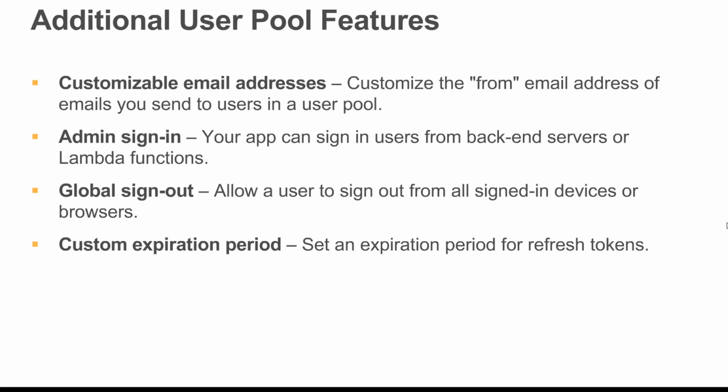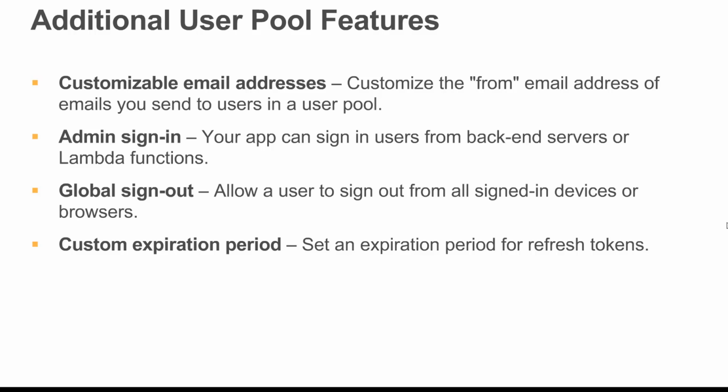A few other usable features I'll touch on very briefly. You can customize email addresses. Again, our objective here is to make everything customer-facing yours to customize. If you want to have a design where you have a layer of your own, perhaps server architecture that's in a sense proxying or in front of a user pool, we also have added an admin sign-in function that makes it easier from a back-end service to sign in a user for a user pool.